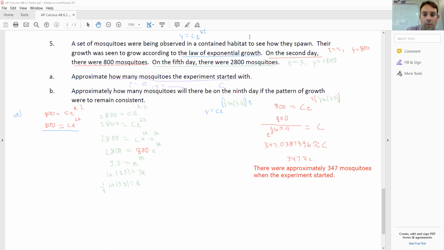Part B said, well, how many will there be on the 9th day? So if we go back to our original equation here now, B. So we started writing our equation. I now know the C value. I can plug that in here.